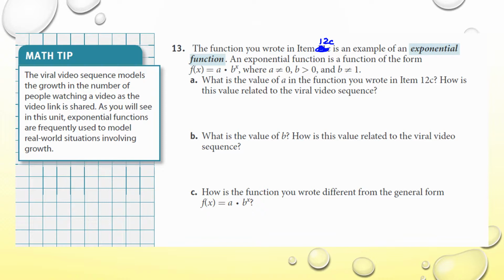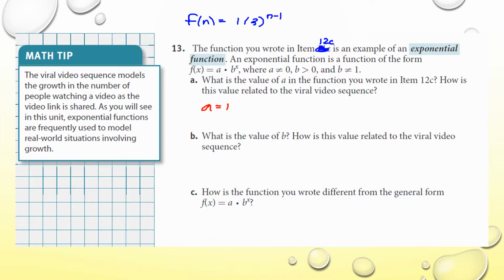So what is the value of a in the function we wrote in 12C? Well, if you look back at that function, we had f of n equals 1 times 3 to the power of n minus 1. So in this case, the value of a was 1.